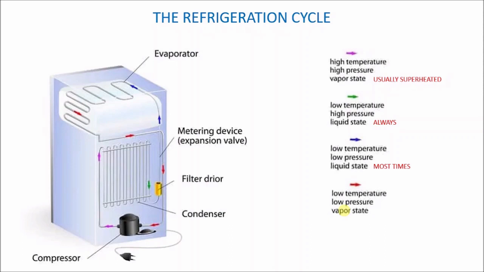I meant to say it will evaporate the refrigerant, not the gas, because it's an evaporator. And so when it is in this vapor state after the evaporator, it will usually be either dry saturated or superheated, okay? It's either dry saturated or superheated, okay?